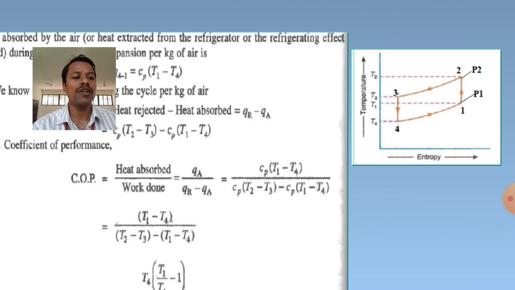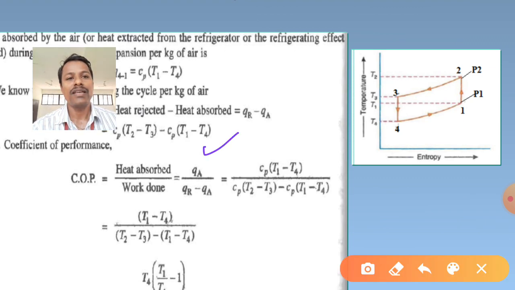So from the definition, COP is heat absorbed QA divided by work done, and we discussed just now that it is QR minus QA. Why is it QR minus QA? Because WC minus WT or WE, that is net work interaction, is equal to net heat interaction inside the cycle. The net heat interaction is heat rejected minus heat absorbed.